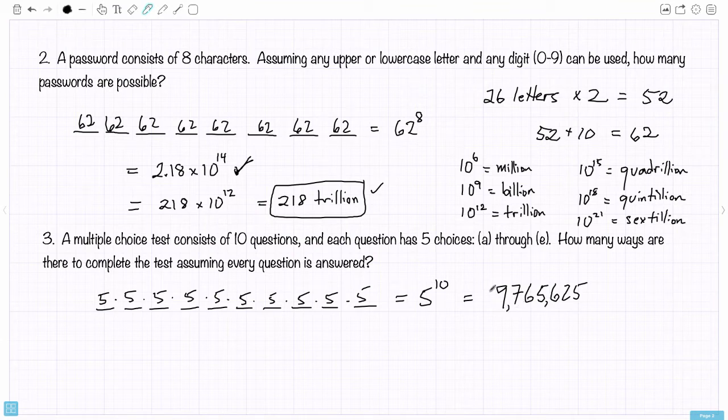So almost 10 million different ways to go through and just randomly guess at the answers. So almost a 1 in 10 million chance of getting it exactly right on just a completely random guess.